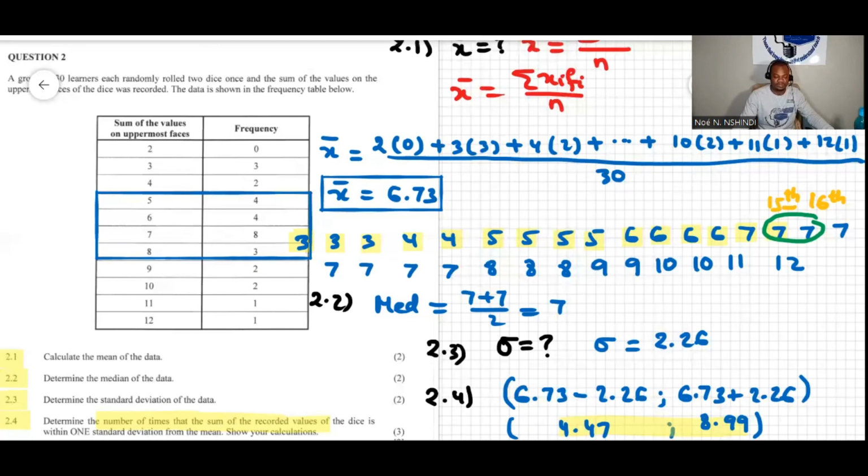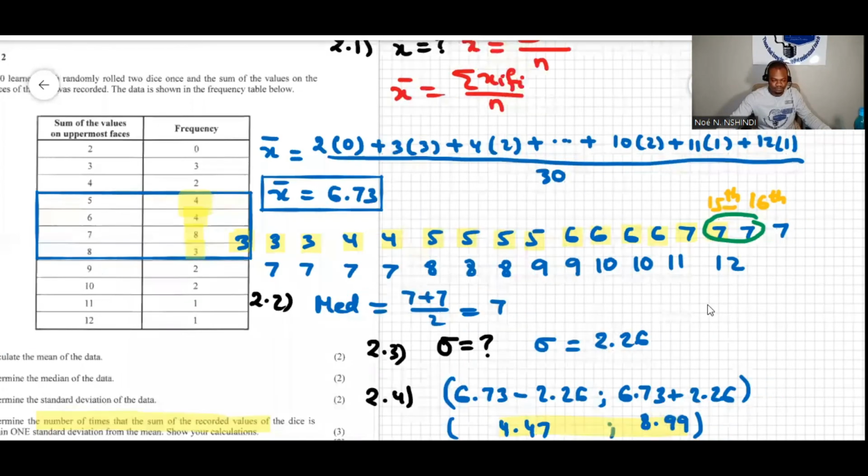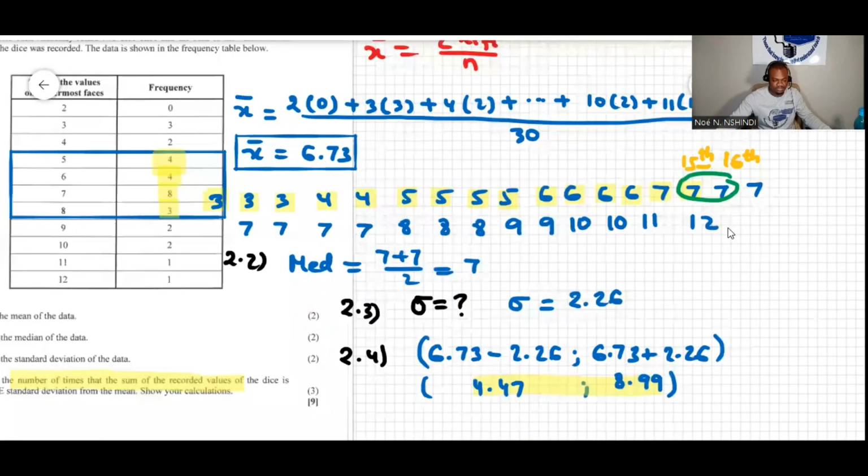Now the frequency determines the number of times. So we're going to do 4 plus 4 plus 8 plus 3. This is the number of times.